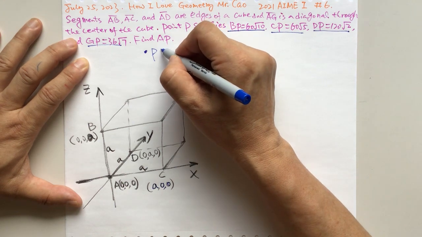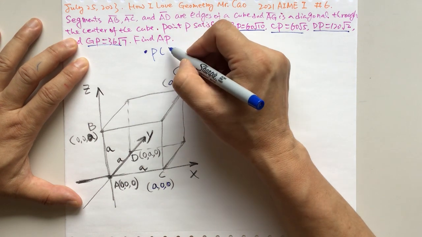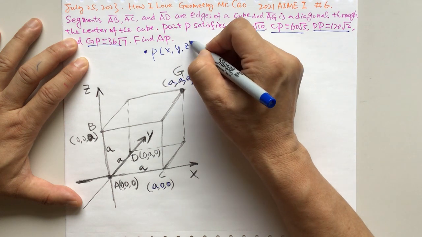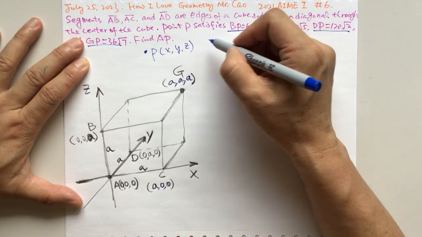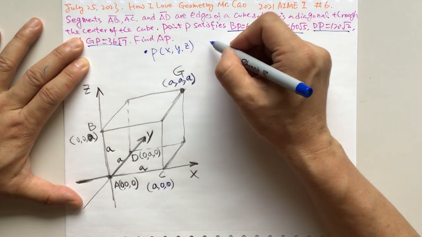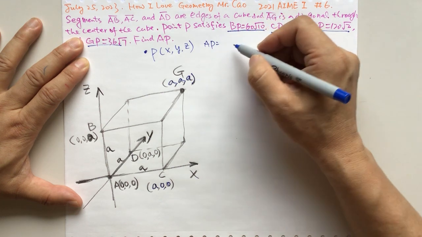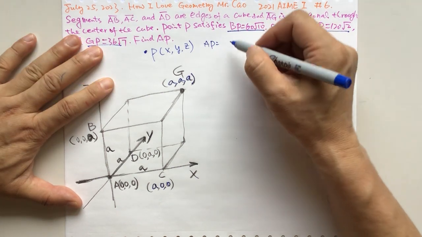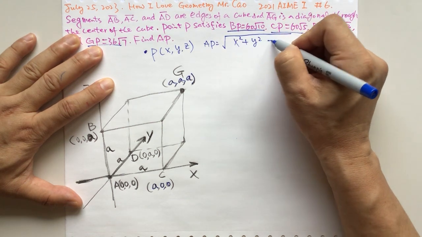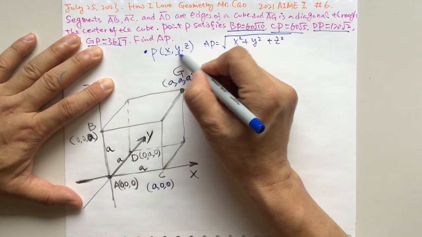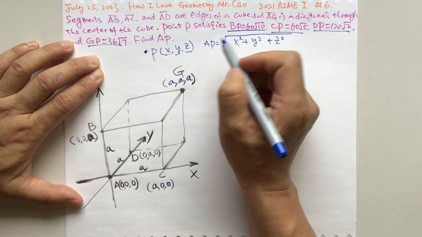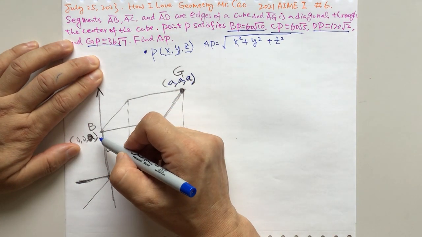Let us suppose the coordinate of P is (x, y, z). Because A is the origin, AP equals the square root of x squared plus y squared plus z squared.